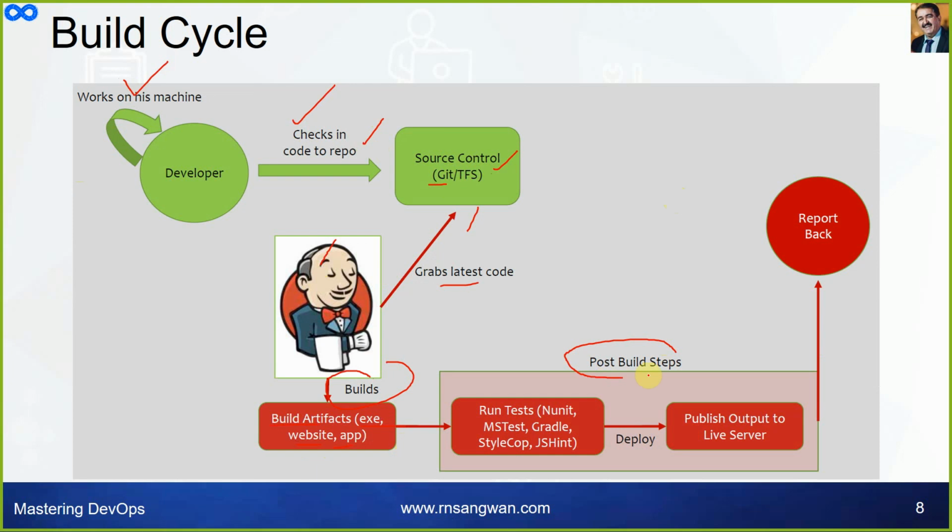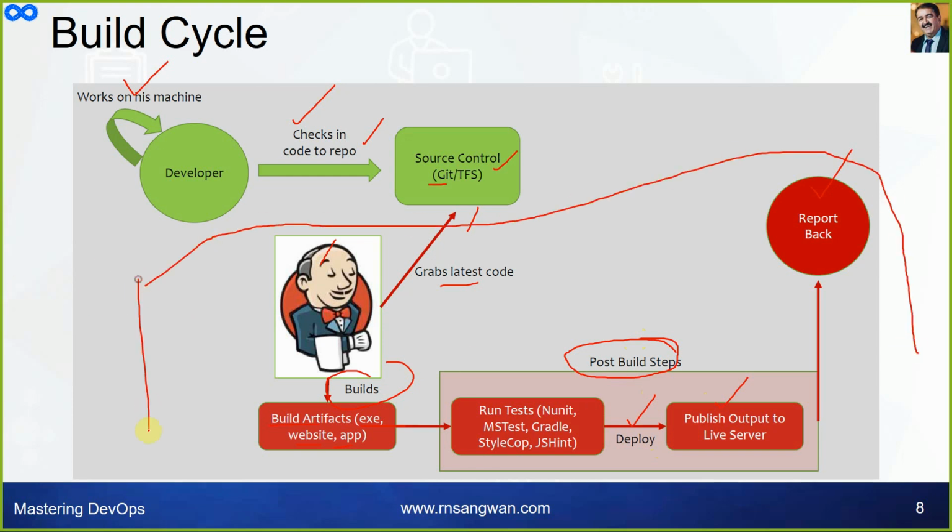Then it can perform post-build steps, like running unit tests. Then it can also deploy to a live server, and if there is an error in any of the phases, it will report back to you. So this is the scope of Jenkins. The moment you check in the source code, everything else can be automated using Jenkins.